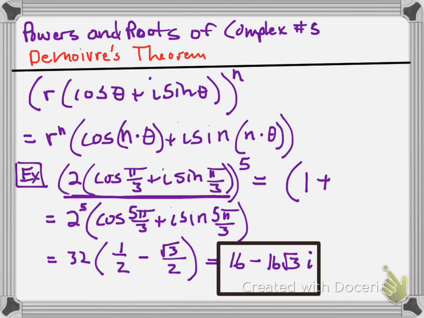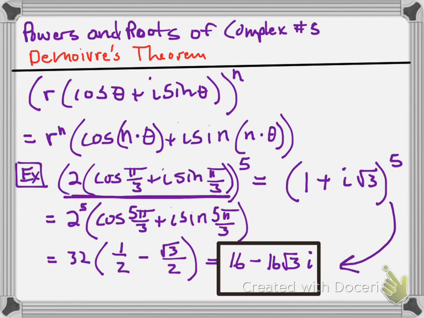The sine of pi over 3 is the square root of 3 over 2 times 2. That's the square root of 3. So our original problem was 1 plus i times the square root of 3 raised to the 5th power. And it is equal to that.